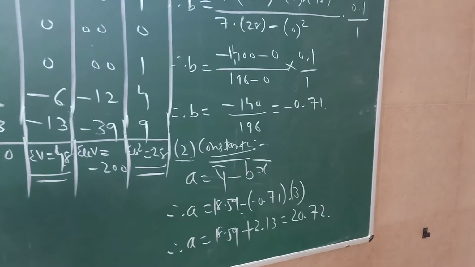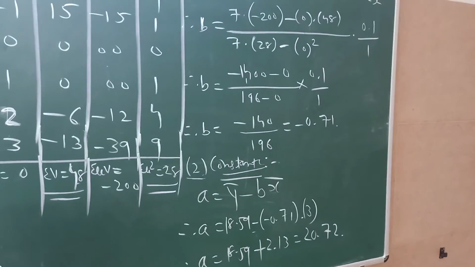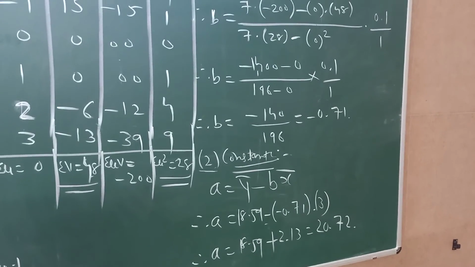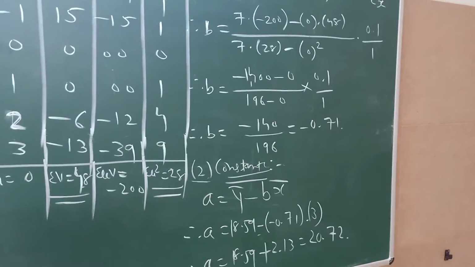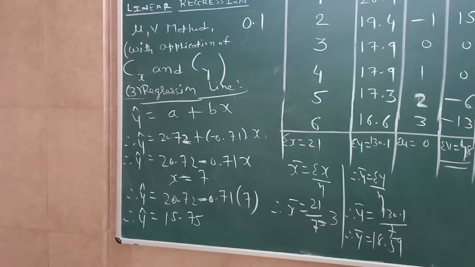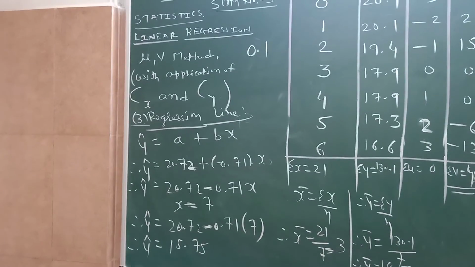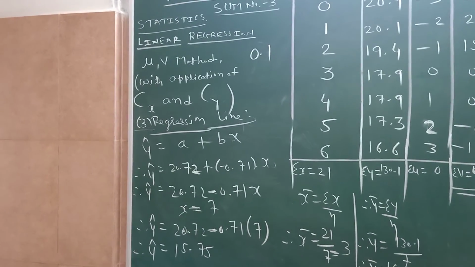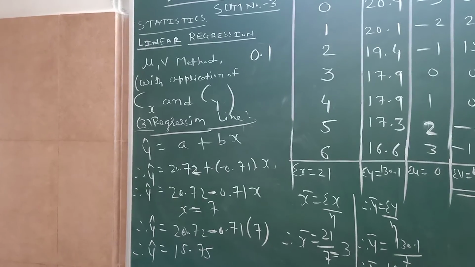Our second step is the constant a, y bar minus b x bar. We put the values of y bar, b and x bar and got the value of a. Then we find the regression line, that is y cap, a plus bx. It is 20.72 minus 0.71 x.